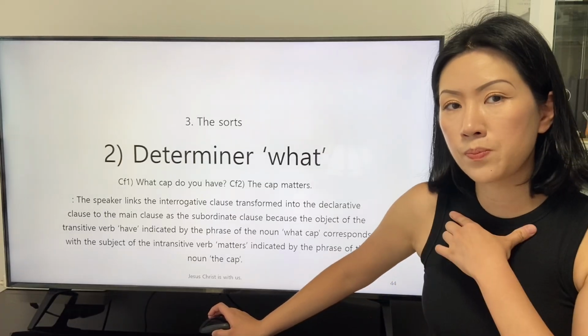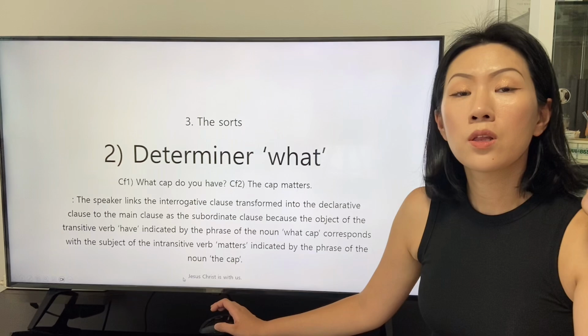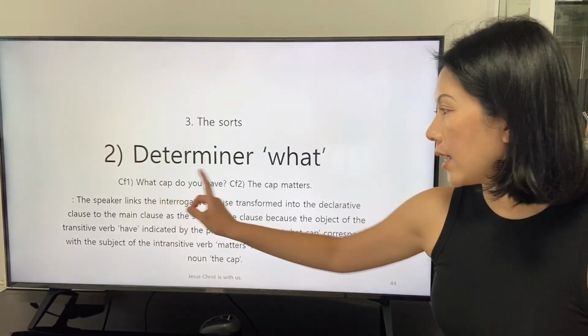This means that the speaker links the two clauses by finding out the shared indication of what cap and the cap.